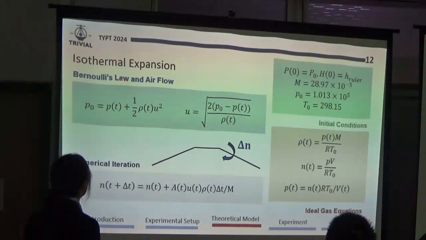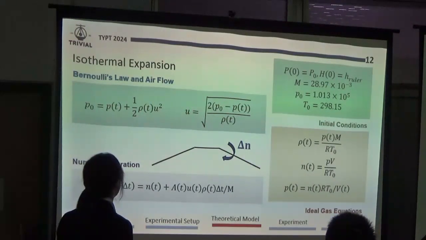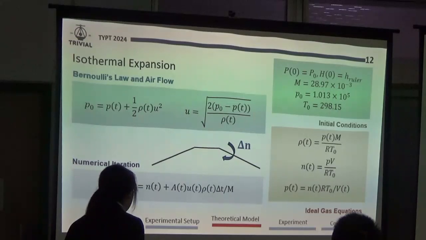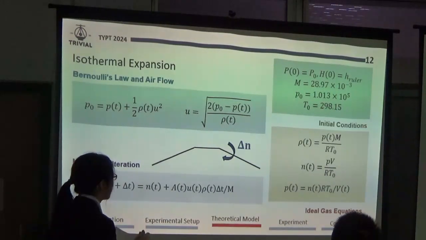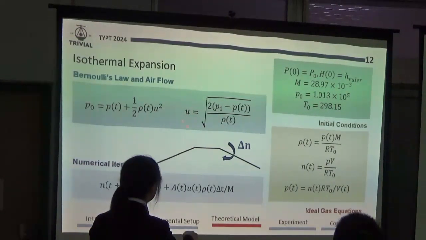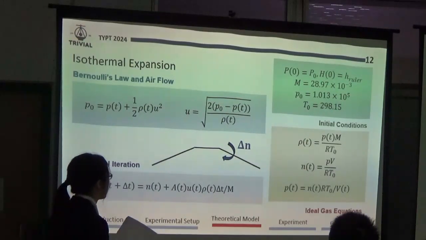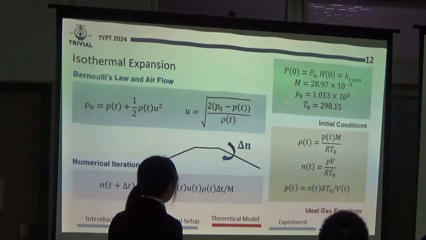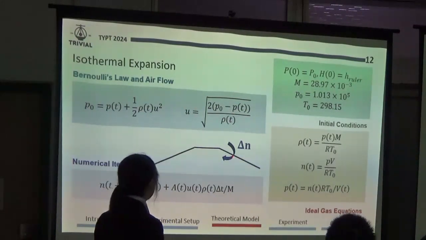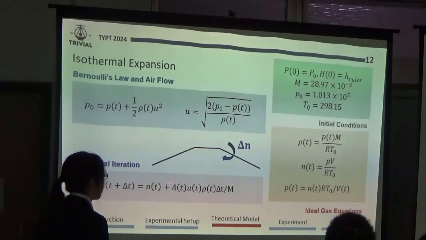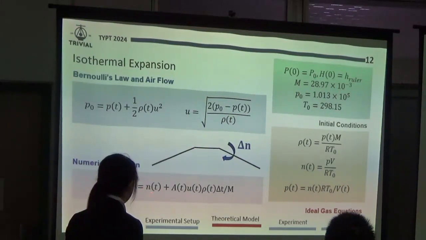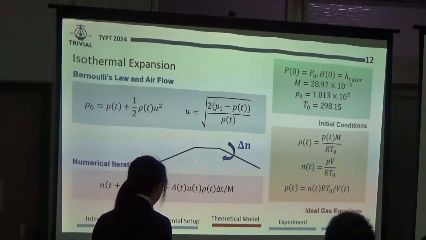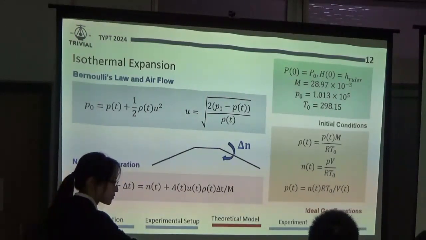Then we can apply Bernoulli's law, as you can see in the blue box, to calculate the flow speed U of the air molecules. This causes an increase in the number of air molecules, delta N. Now we can use a Python program to iterate and find the amount of air under the paper as a function of time.